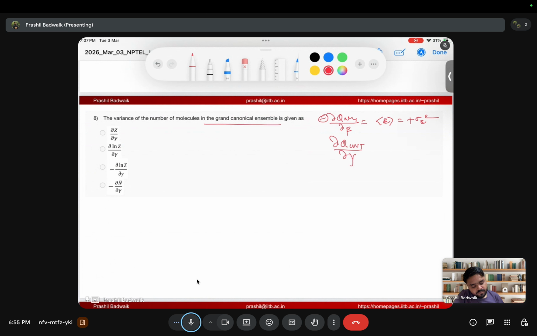What is this value? Find out what is that value. Here we are getting variance, that is variation in the energy. Here we are going to get variation in the number of molecules. So this average value will give you how number of molecules are changing, that is variance.